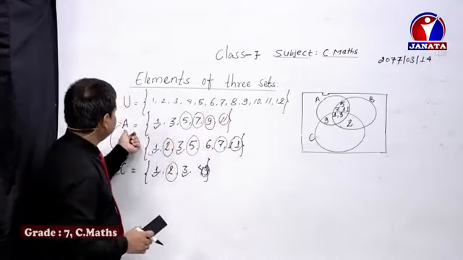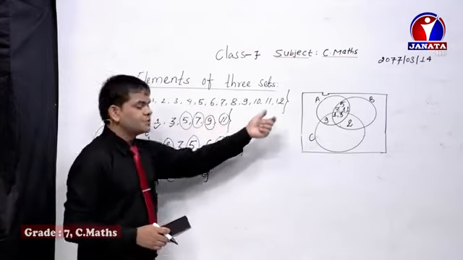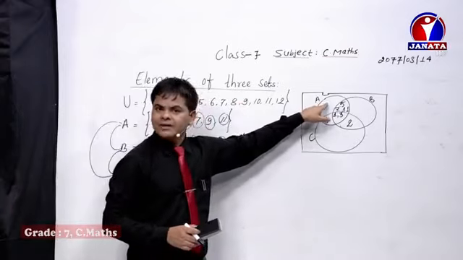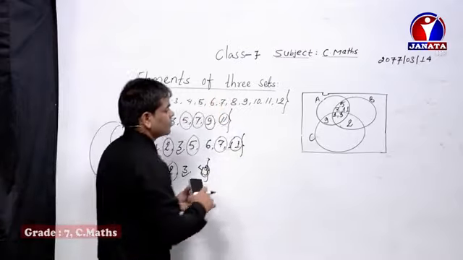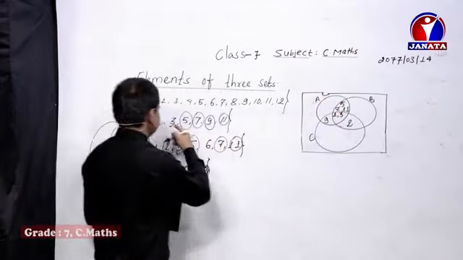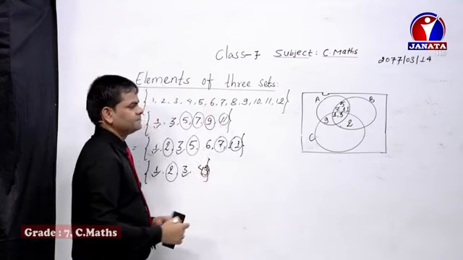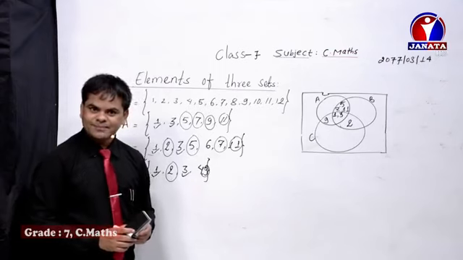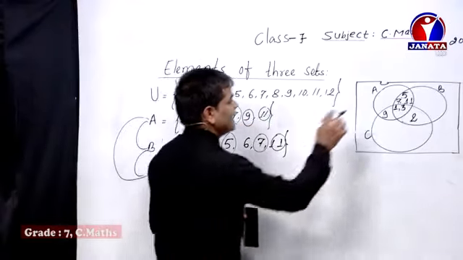If there is any element in set A remaining, except those which you have already kept, it should be plotted in the place of A only. 1 is inside the circle A, similarly 3, 5, 7, 9 and 11. Are there any extra elements remaining to keep? No. If any remain, we need to keep those elements in here.